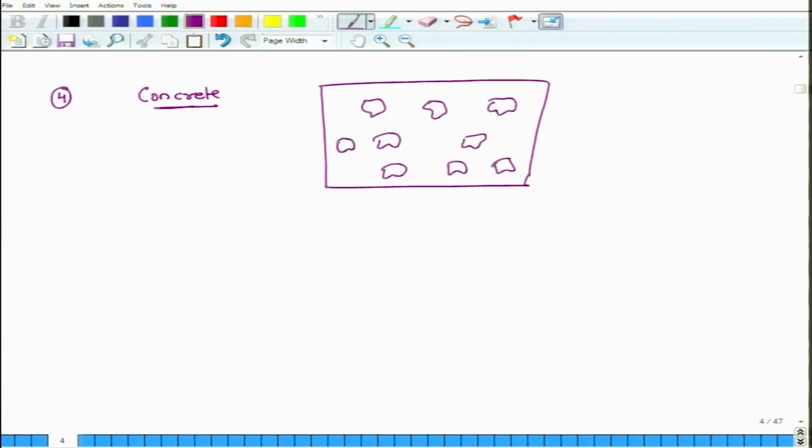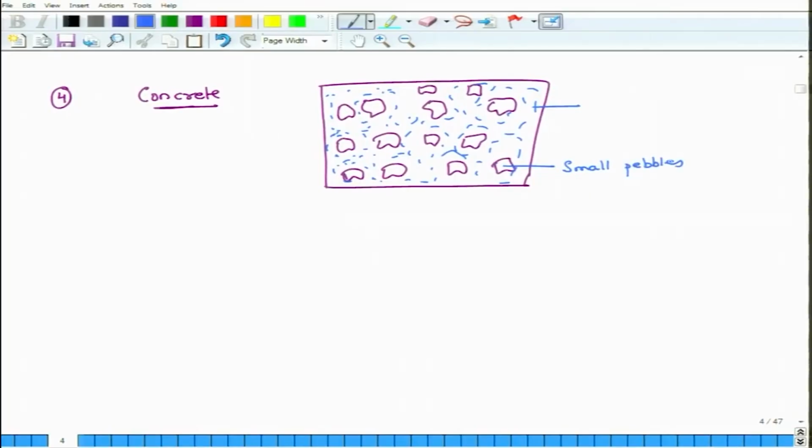So, all these rocks are bound in a sea. They are not big rocks, they are small pieces of rocks, and they are bound together in a sea or in an ocean which is made up of, so these are small pebbles or rocks, and the sea is made up of what?